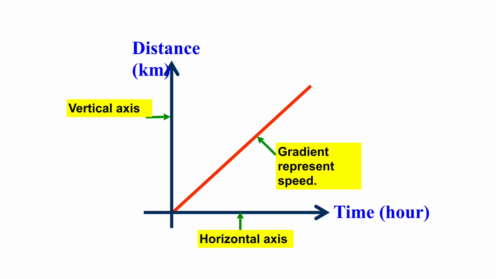For the distance time graph, you must know that the vertical axis is distance. It can be in kilometers or meters, and the horizontal axis is actually time in hours, okay. And the gradient represents speed. The gradient of the straight line for a distance time graph represents speed.